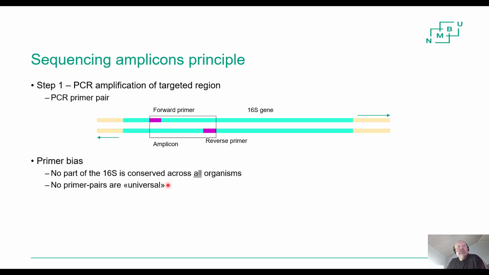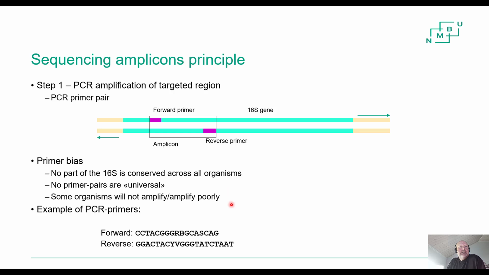They are perhaps close to, like 90% or something, but not 100% universal. So some organisms will not amplify, or at least amplify very poorly, which means there may be some bacteria in your hat that you never sample from, right? You don't see them by this technology, simply because your primers don't pick them up. They don't bind as they should because their 16S is too different from what your primers expect.